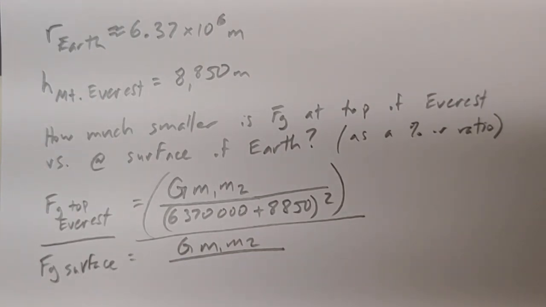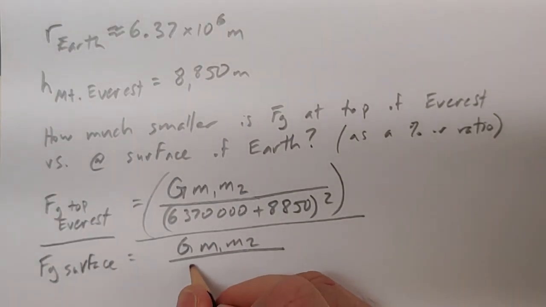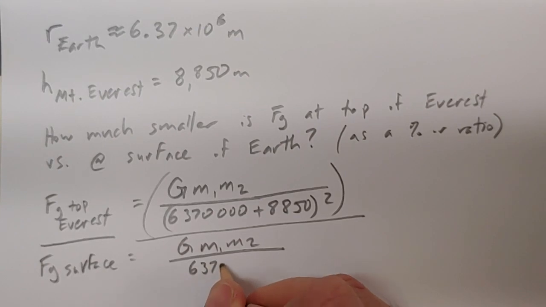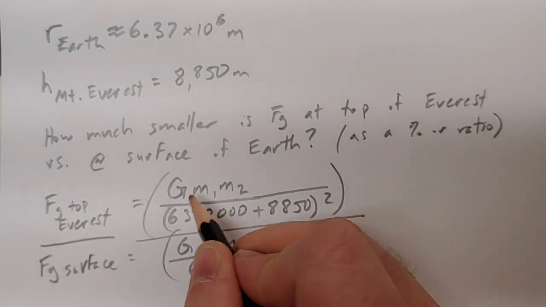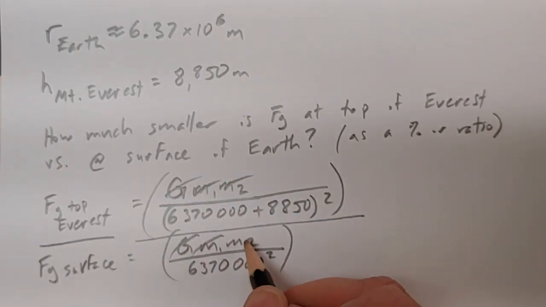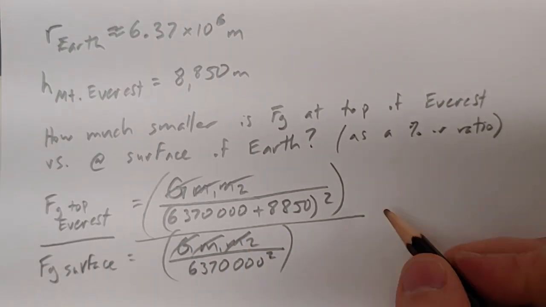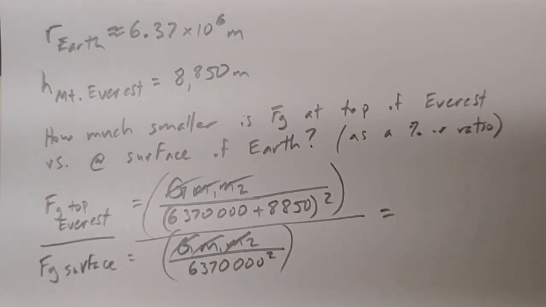The radius of the Earth goes from the center of the Earth to our object that's standing on the surface of the Earth. So that's going to be 6,370,000 squared. And so you can see all of this stuff cancels out. We just wind up with a ratio here that we don't need to know any of the actual constants for.